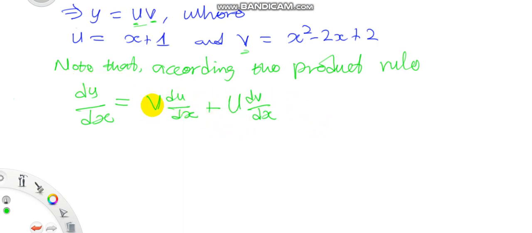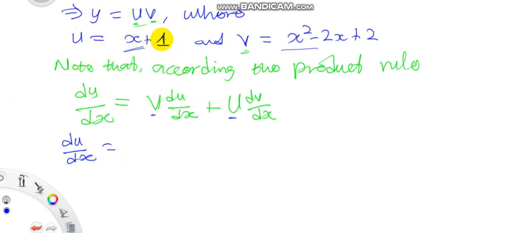Now we know what u is, x plus 1, and v, x squared minus 2x plus 2. But we do not have du dx and dv dx. So du dx, the derivative of u with respect to x.